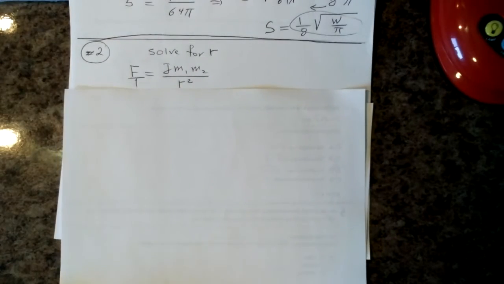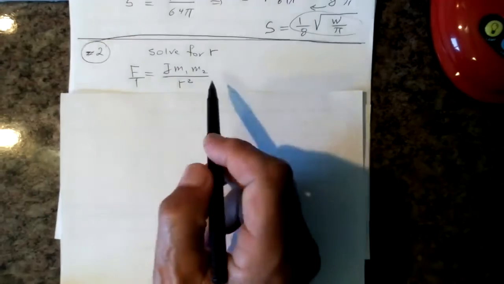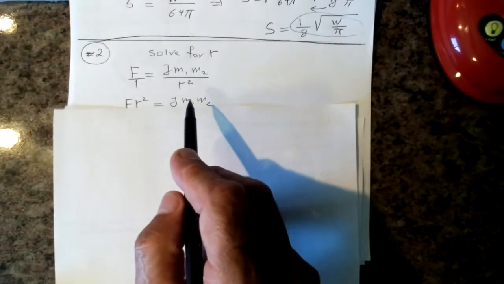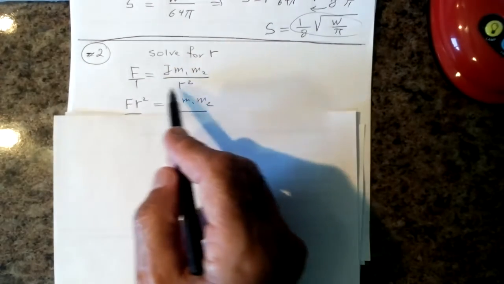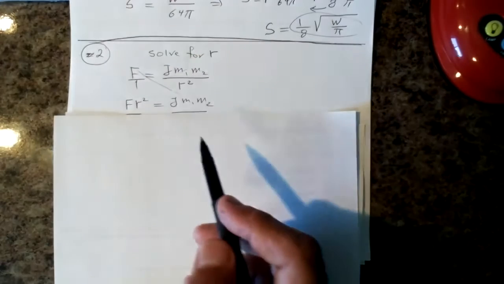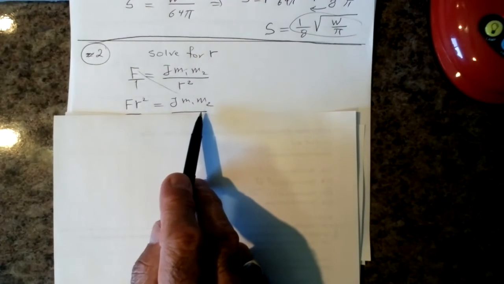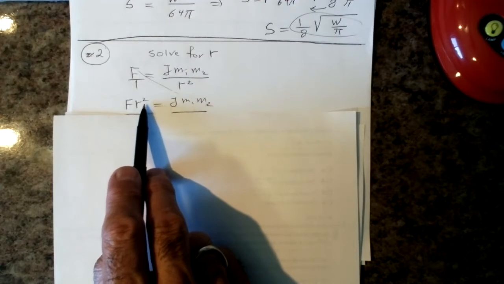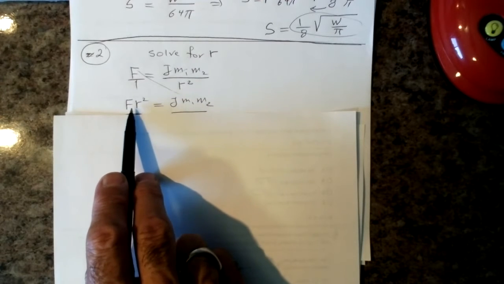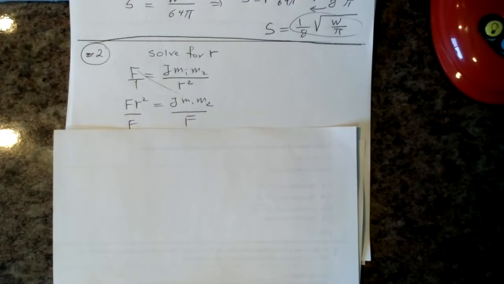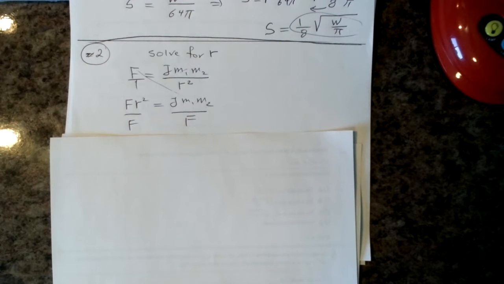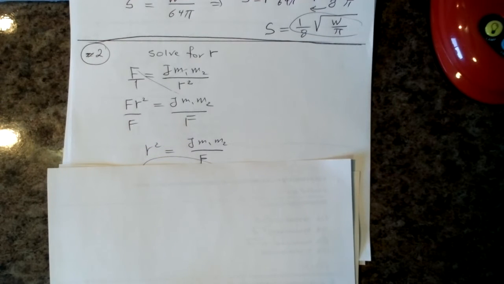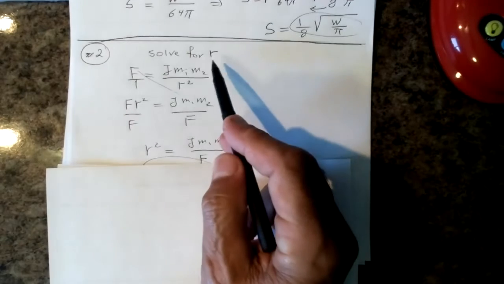Okay, on this one, this formula is given, right? We want to solve for r. So first I cross multiply. F r squared is that. Since I want to solve for r, I want to have r squared, I don't need this f. So I divide both sides by f. So now r squared is that, and I need to solve it for r.